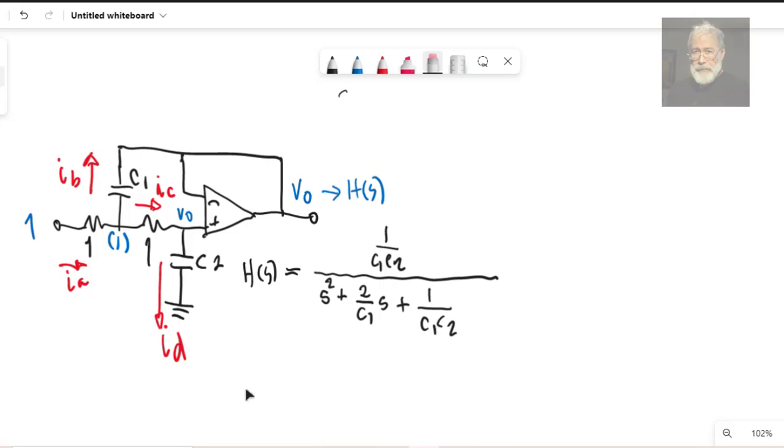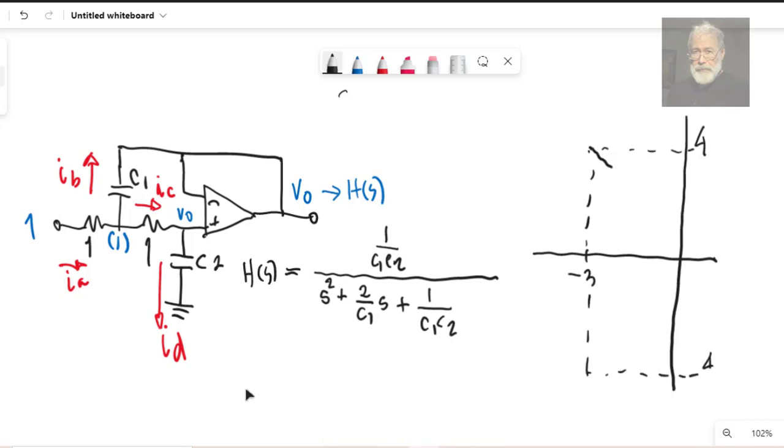Let's remember something. The poles, where are the poles? They are at -3 plus j4, and -3 minus j4. Let me draw them here in real time. This distance is what we call the undamped frequency associated with that pair of poles.